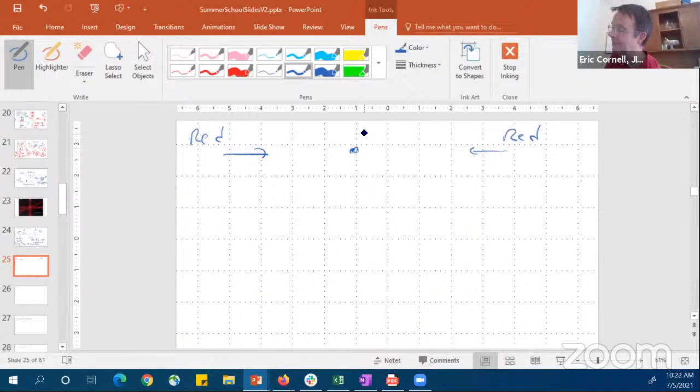Let's take an atom which is moving to the left. There's the velocity, and we'll start off red. So there's our red detuning.